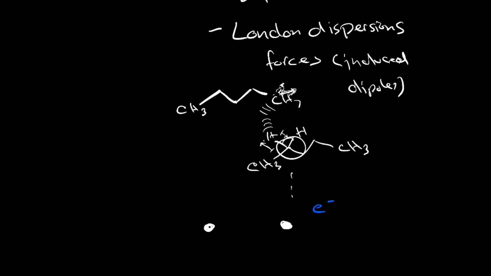And then there's the electrons over here. And so if they happen to be aligned just like this, and this is your nucleus, and the electrons are mostly on this side of the nucleus at this particular moment, and the electrons on this nucleus are mostly over here on this side at the moment, right?